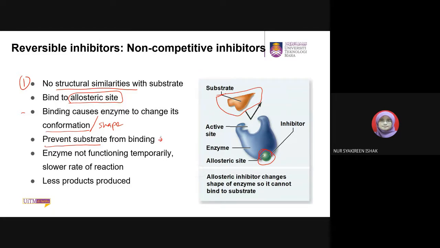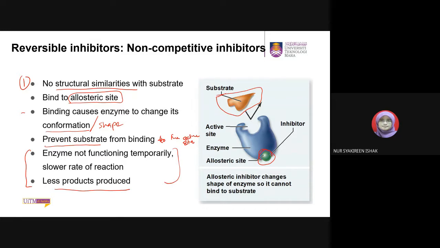So ditambah kat sini, from binding to the active site. Okay. So enzyme not functioning properly, slower rate of reaction and less product produced. Okay. So ini point ni sama juga dengan lebih kurang point yang untuk competitive inhibitors.